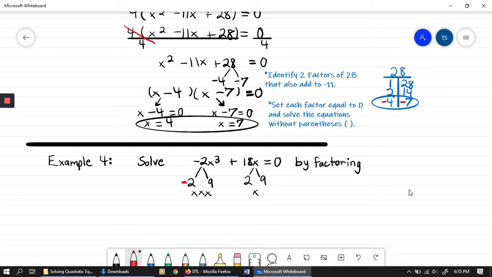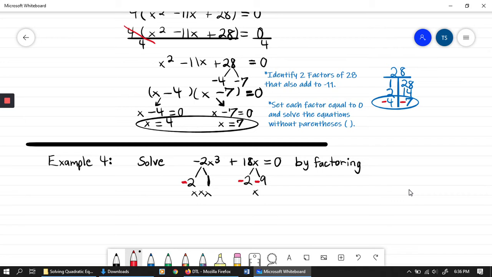If we do that, then this winds up being, sorry, not -1, but +1. Sorry about that, folks. And then if we factor out -2 from the 18, this winds up being -9 that's left over there.